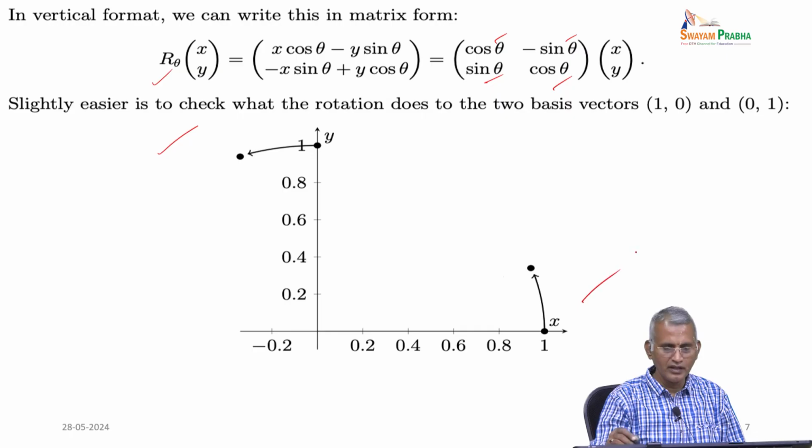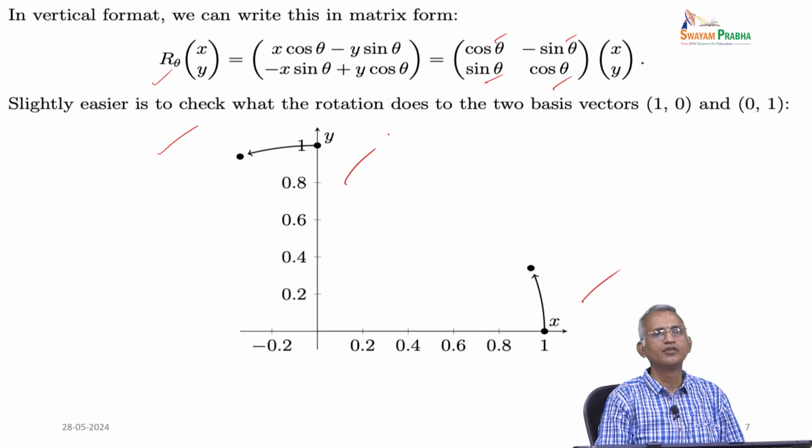So, this is the way we can map from domain to codomain in the Cartesian plane. So this is the way we start from what the rotation does to the basis vectors 1 comma 0 and 0 comma 1.